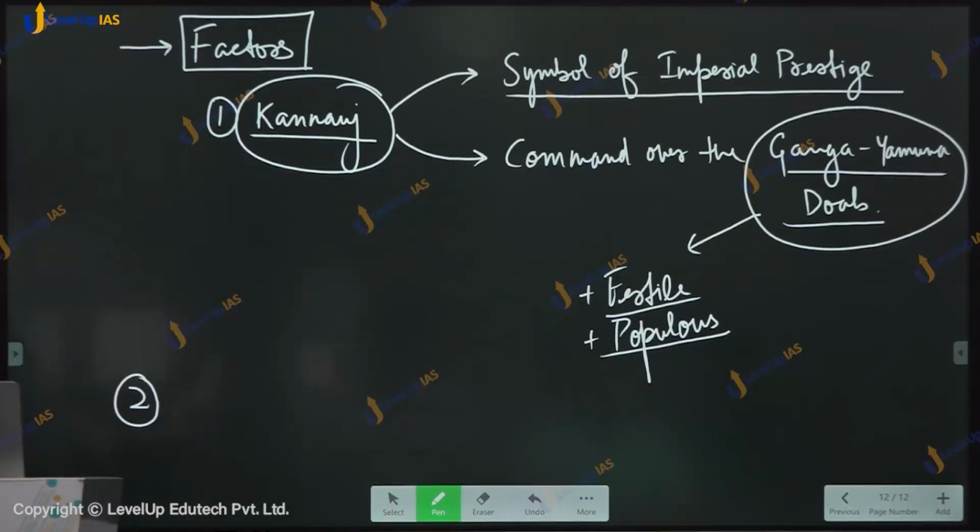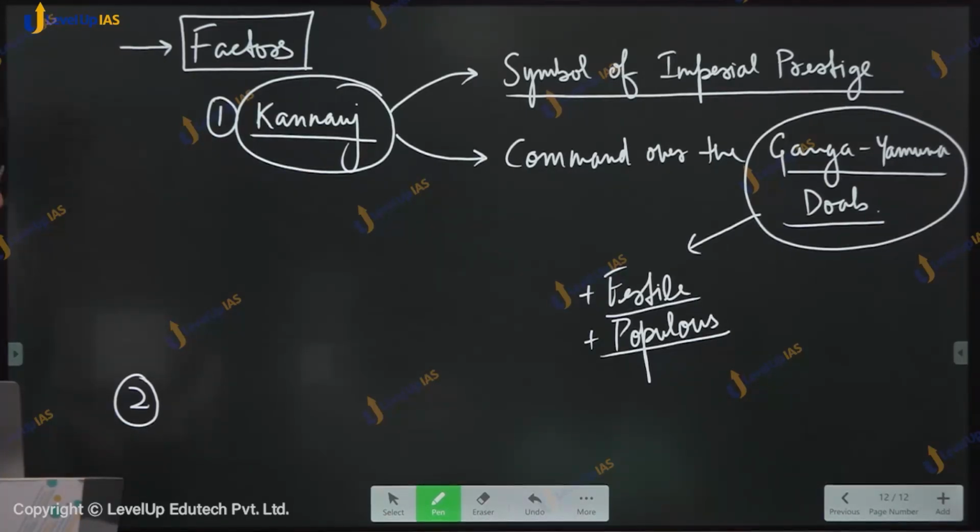Another reason why they were fighting against each other. See, all these powers were trying to expand their influence. For that, what is required? Material resources are required. The main source of material resources during this period of intense warfare was not horses, not territory also, rather tribute and loot.